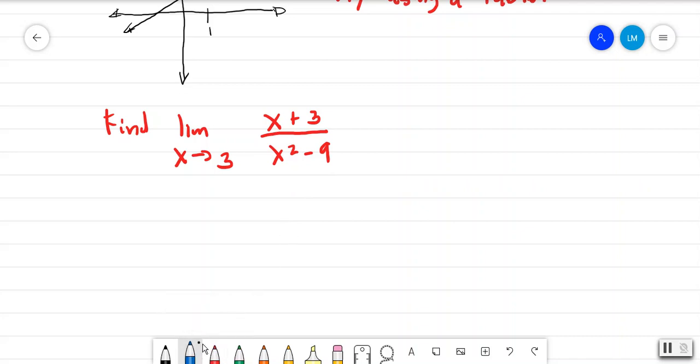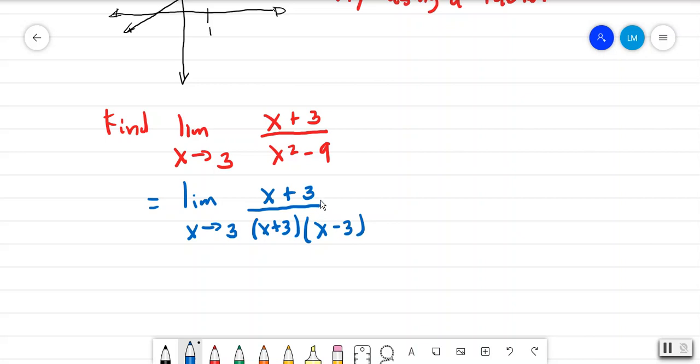Suppose we say, I can tell that this can be factored. So this is x plus 3 divided by x plus 3 multiplied by x minus 3. Notice that these two factors cancel out. How does that reduce? It reduces to the limit as x approaches 3 of 1 divided by x minus 3.